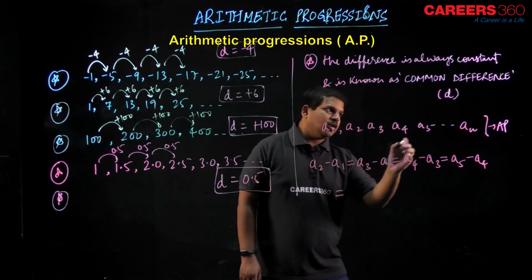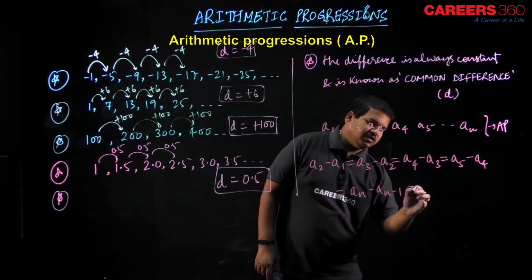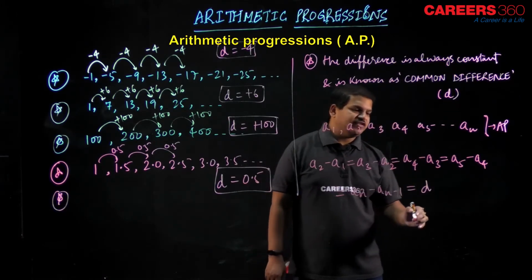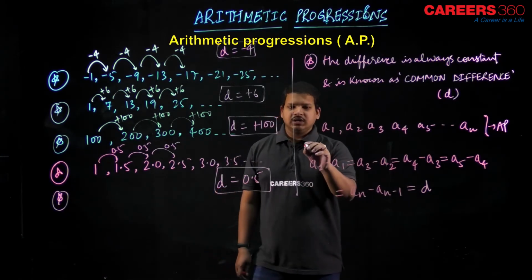This will be equal to An minus A(n-1), which will be equal to the common difference, that is D. I hope it is clear to you.